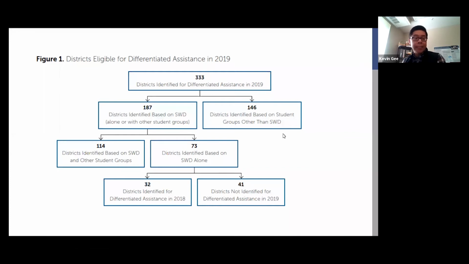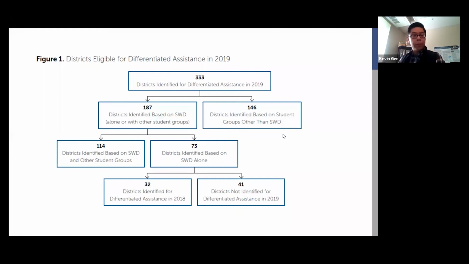Among those 187, 114 were identified based on students with disabilities plus other student groups, and those other student groups can be, for example, foster youth or homeless youth or socioeconomically disadvantaged youth. But there are also 73 districts that qualify for differentiated assistance based on their students with disabilities populations alone.